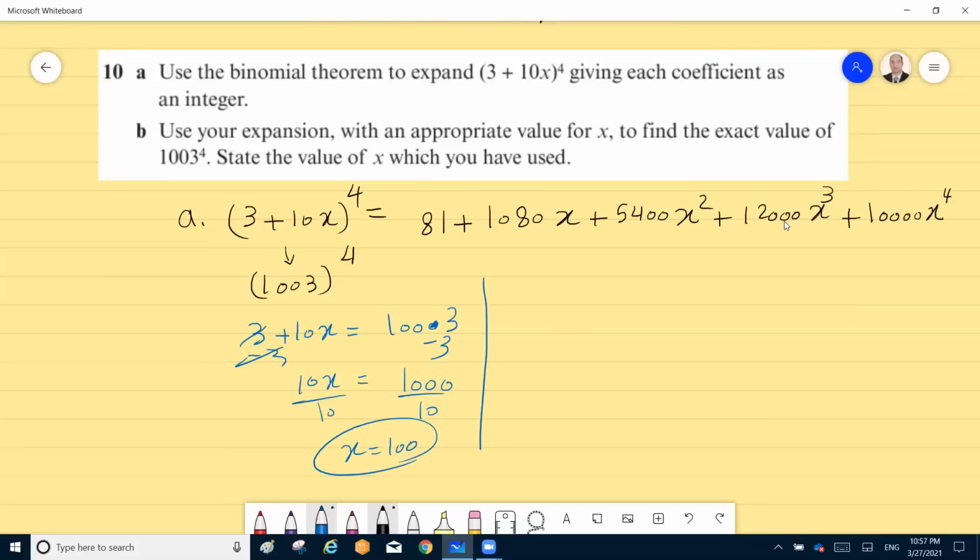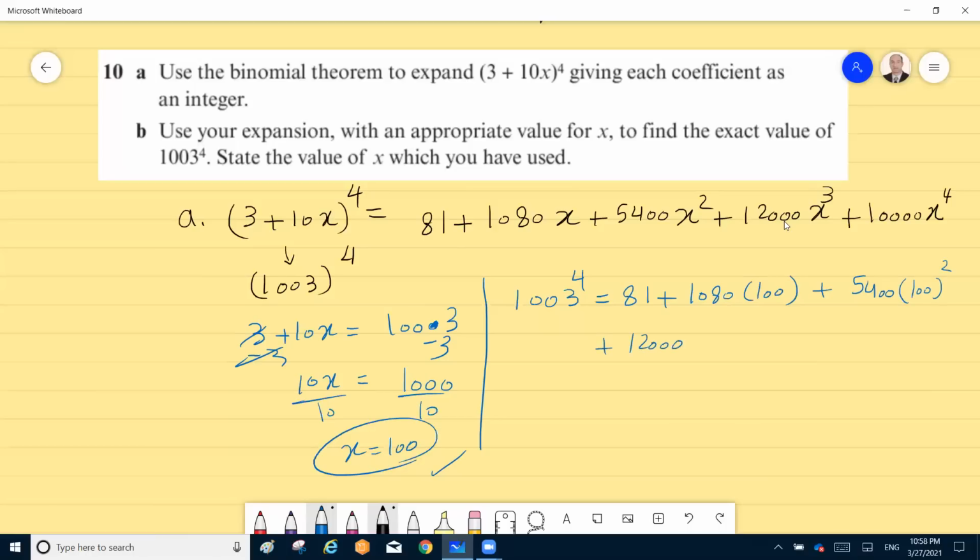Go to the expansion. You have to use your expansion and write the value you want to solve, 1003 to the power of 4. Go to the expansion and put x equal to 100, which gives you this value: 81 plus 1080 into 100 plus 5400 into 100 squared plus 12,000 into 100 cubed plus and so on.